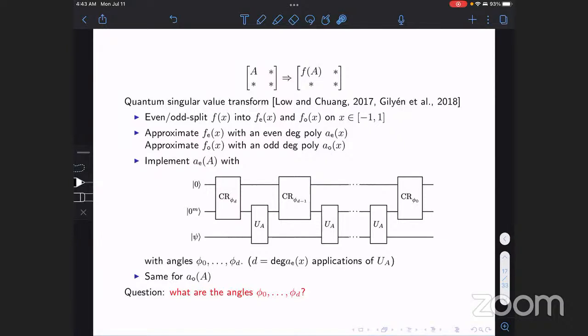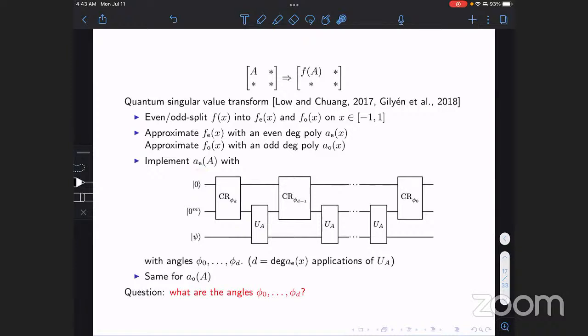And now for both AE and AO, we're going to build the following circuit, where this part of the circuit is essentially implementing UA. So this is the block encoding of the A matrix. The only extra things are one more qubit and a bunch of controlled phase rotations given by these angles phi 0 to phi d, which depend on this polynomial.